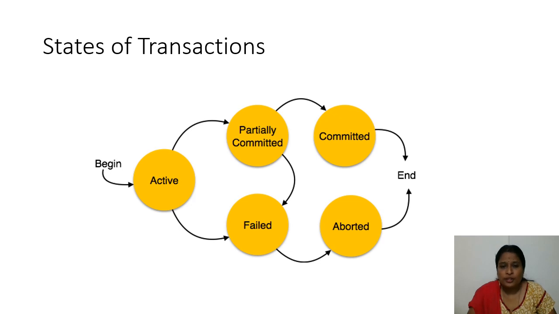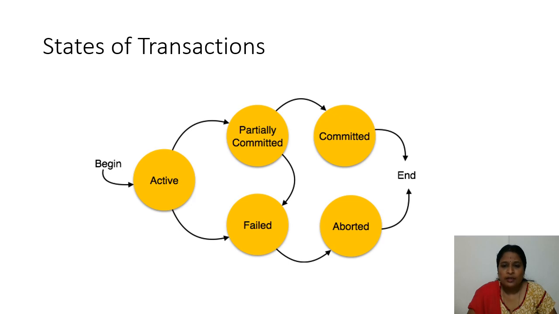If a transaction comes to partially committed, its execution is considered over. So in this state, the recovery system of the database system will check whether the database is still maintained in a consistent state or not. If the database is maintained in a consistent state, then this particular transaction will be moved to committed state.